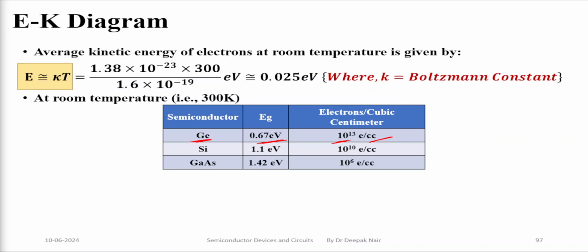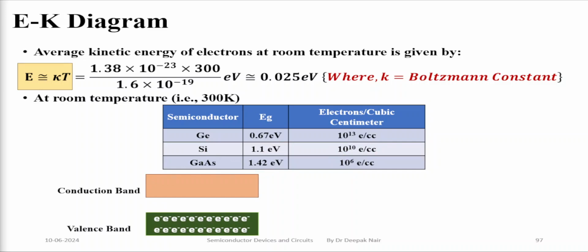So germanium is a highly packed semiconductor, whereas in silicon the energy band gap is 1.1 electron volt, almost double that of germanium, and the electrons per cubic centimeter is 10 to the power 10, which is 10 to the power 3 times less than germanium. In gallium arsenide, the energy band gap is 1.42 electron volt, and you can find 10 to the power 6, or 1 million, electrons per cubic centimeter.